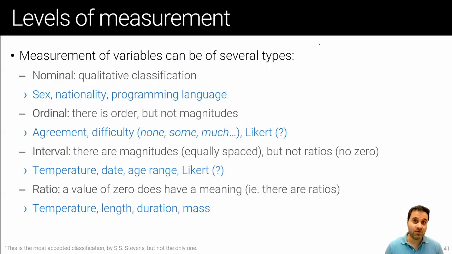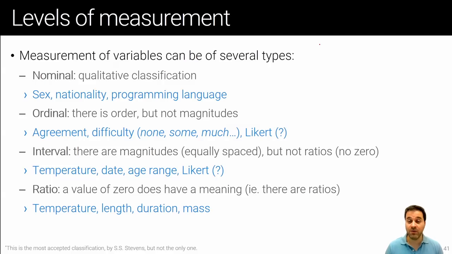Then we have variables that are ordinal. And those are the ones in which there is a certain order. So one level of the variable comes before the other one. It's smaller than or larger than, but we don't have a sense of magnitude. We don't have a sense of how far before or how far after. So think, for example, of agreements.